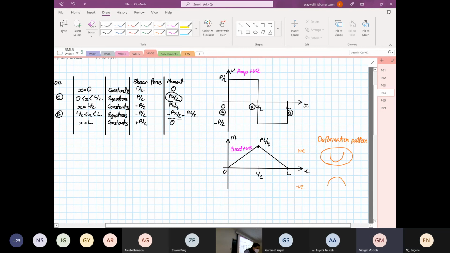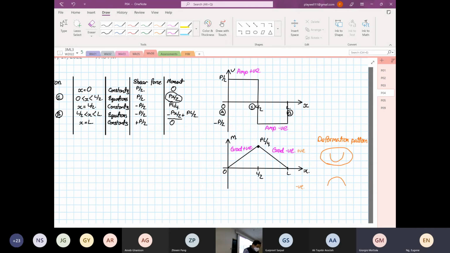Positive, right? Then let's look at the other side. When the amplitude is negative for the shear force, the gradient of the bending moment is also what? Negative. Can you observe that?